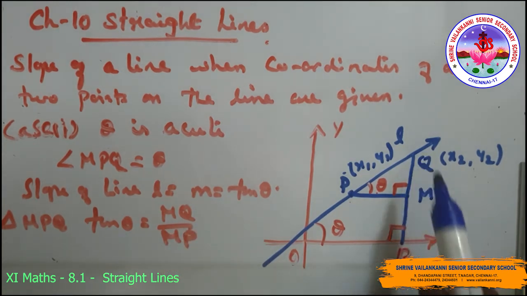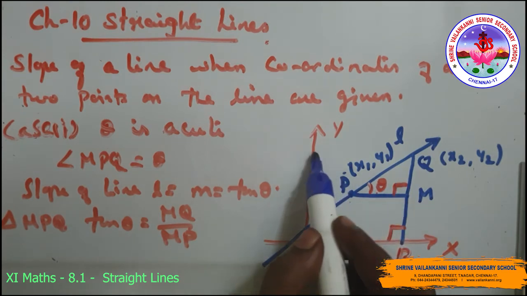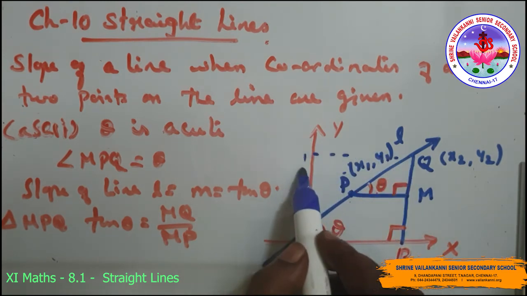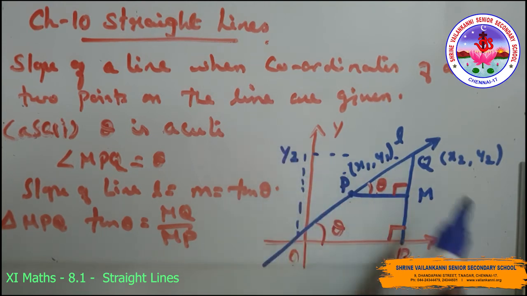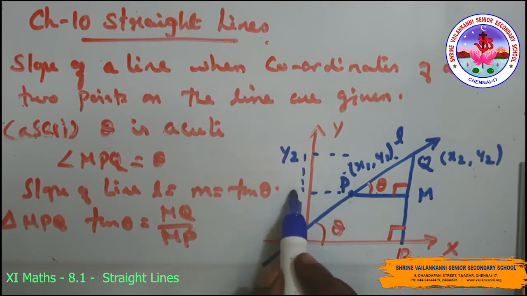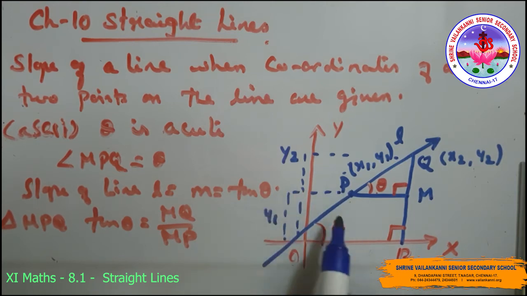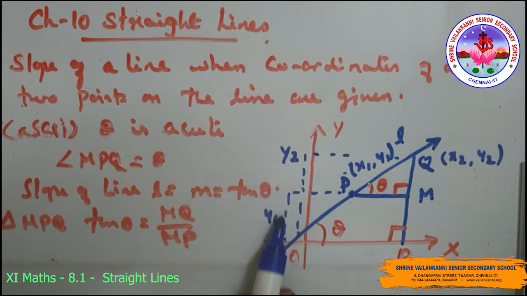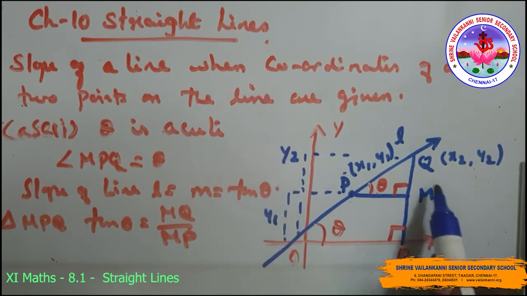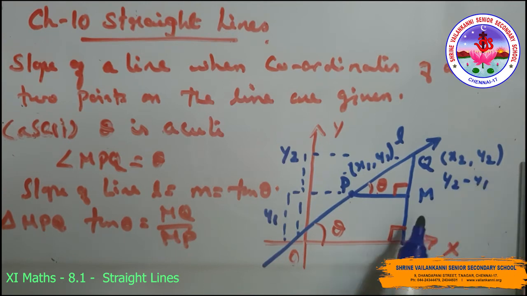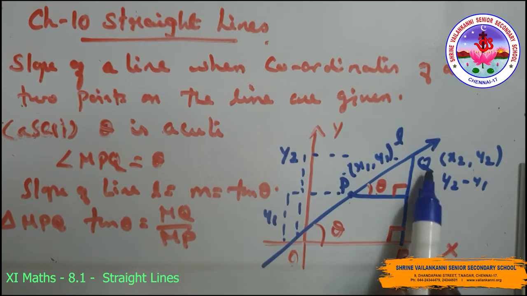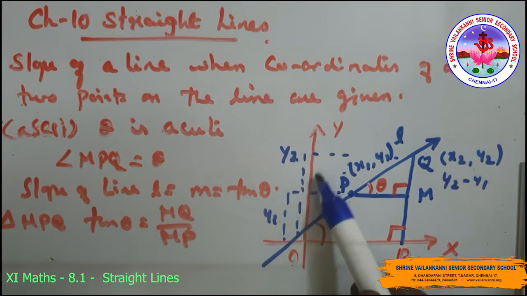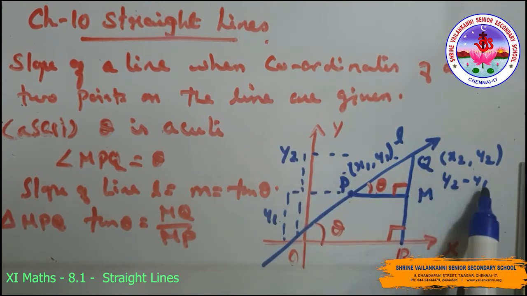So what is MQ? MR is y1 and RQ is y2. When we subtract y2 minus y1, we get this distance, which is MQ equal to y2 minus y1.